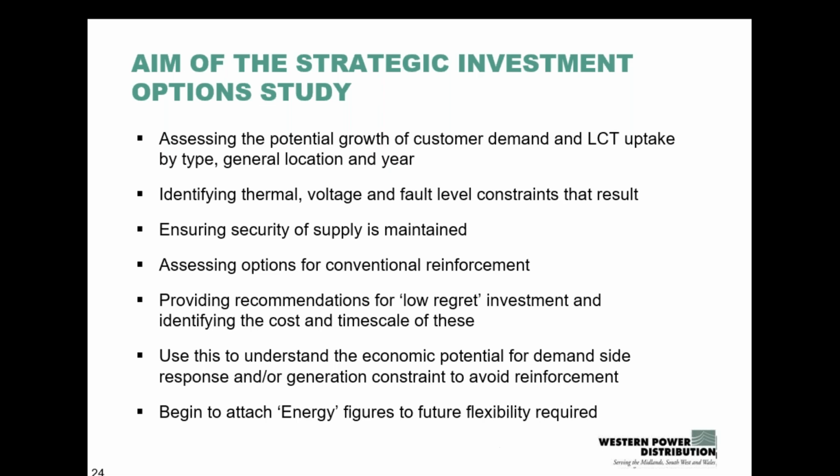And then we also feed into the pot any other kind of reinforcement avoidance techniques such as flexibility, demand side response, and we start attaching some figures for energy to size up the types of flexibility that we might need to try and stimulate some more markets in that area for flexibility.